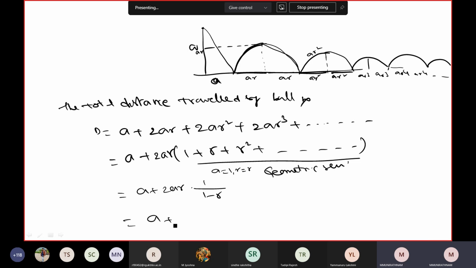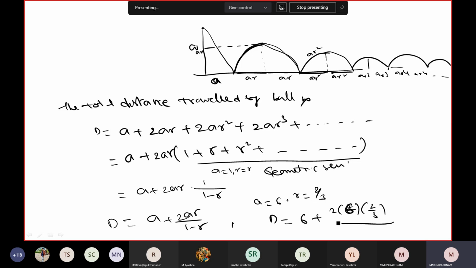So the total distance is A plus 2AR by 1 minus R. So this is the total distance traveled by the ball. They gave A is 6 and R is 2 by 3. Replacing, D equals 6 plus 2 into 6 into 2 by 3 by 1 minus 2 by 3. What did you get?